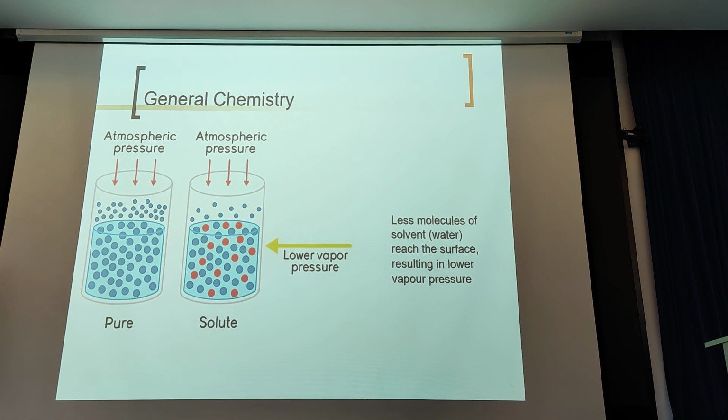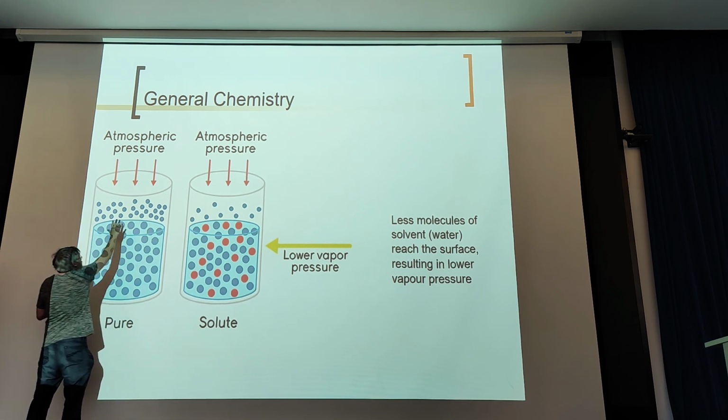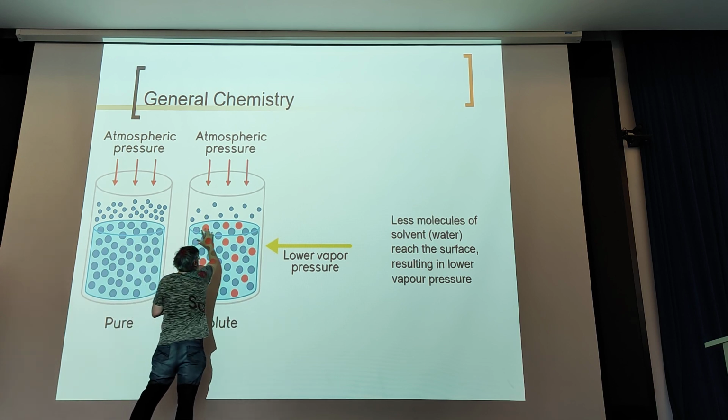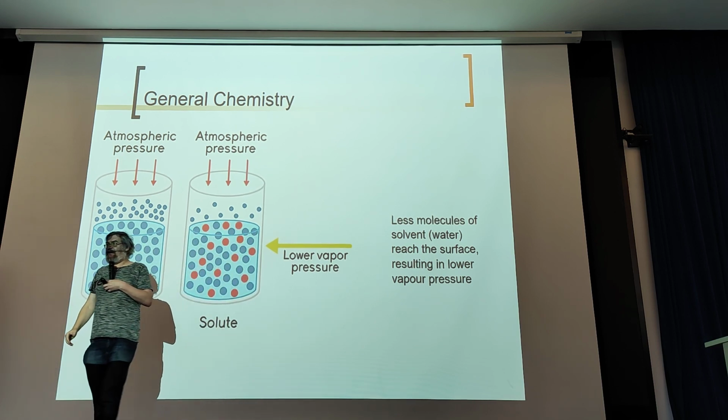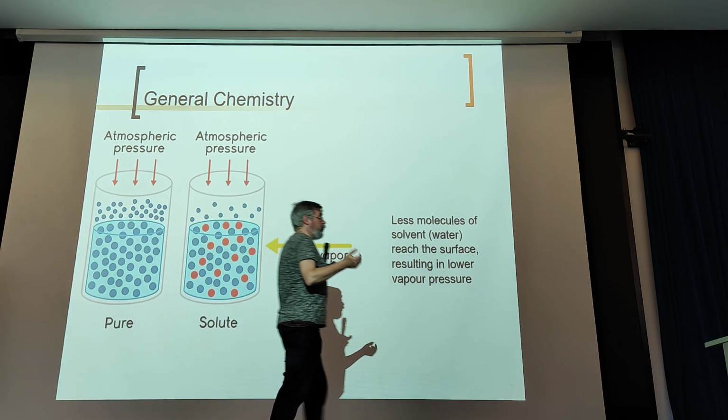This is occurring because there is a contact surface between the gas phase and the liquid phase. Here we have the same surface, but you see the particles at the surface are not all of them solvent molecules. Some of them are the red particles, and they are not volatile. So they take the place of a solvent molecule, so this can no longer go up into the air. And that's the idea of why you actually have a lower vapor pressure.